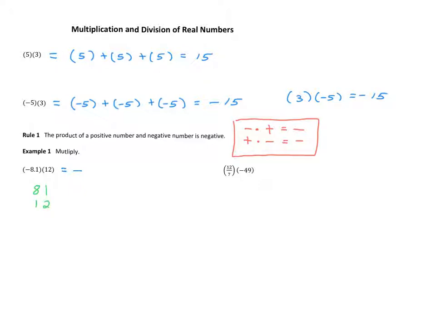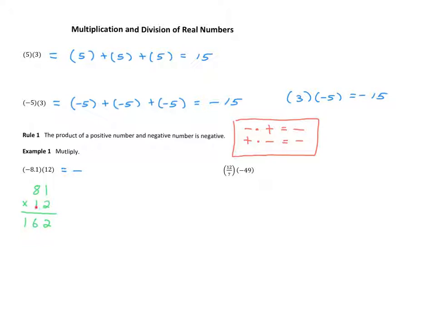To multiply 8.1 and 12, I'll remove the decimal from 8.1 and just think of it as 81, and then when I get to my answer, I'll put that 1 decimal point back. So I'll multiply the 2, and I get 2 times 1 is 2, 2 times 8 is 16.